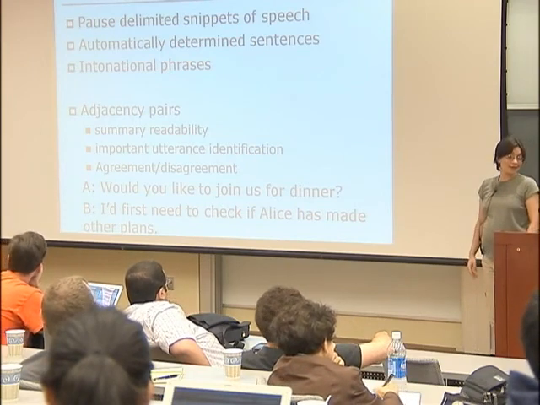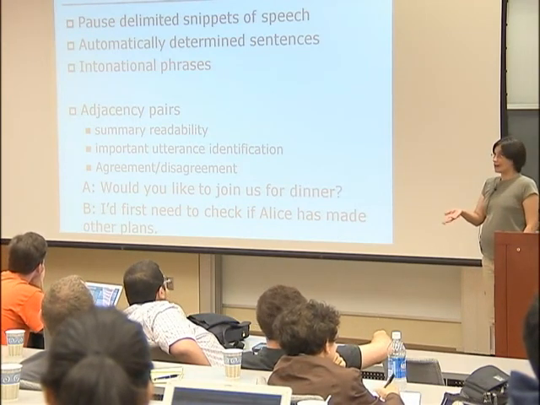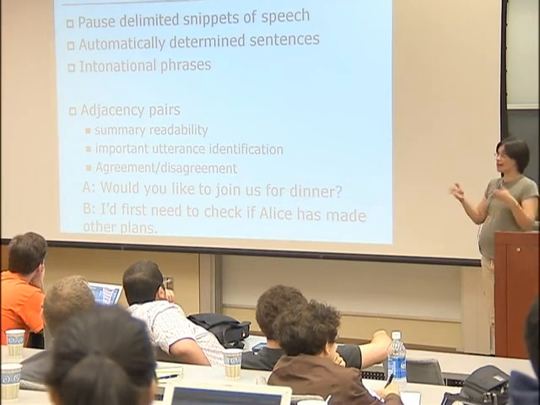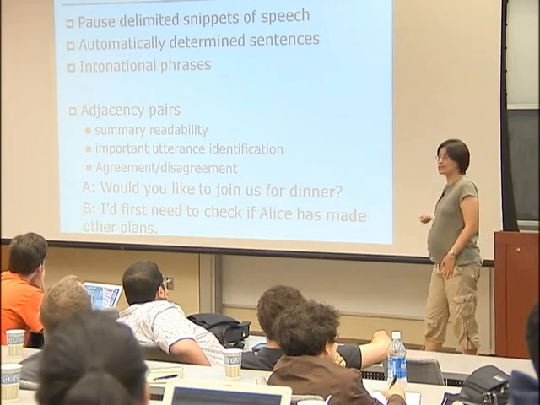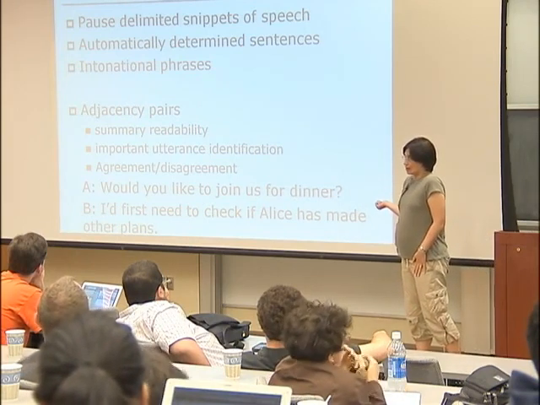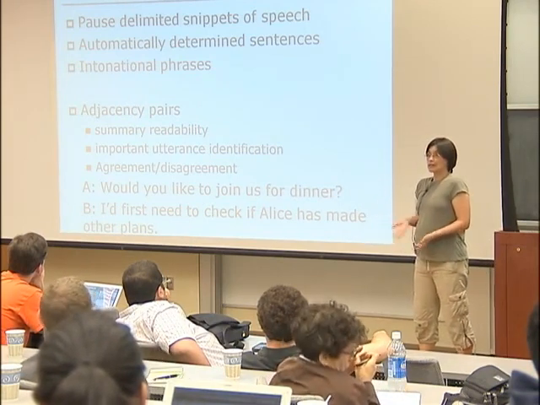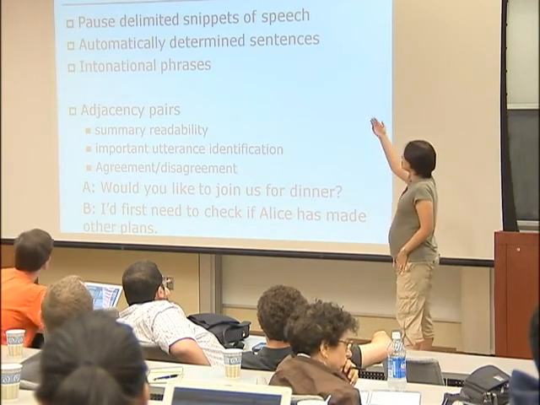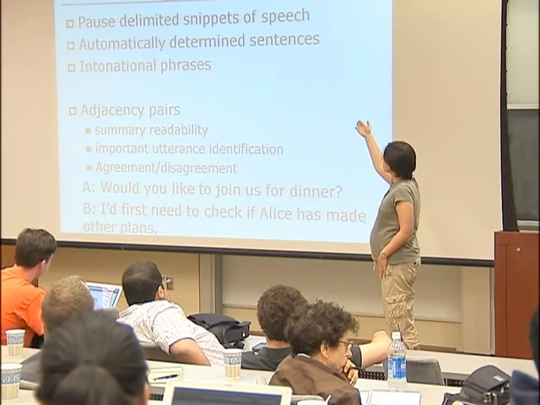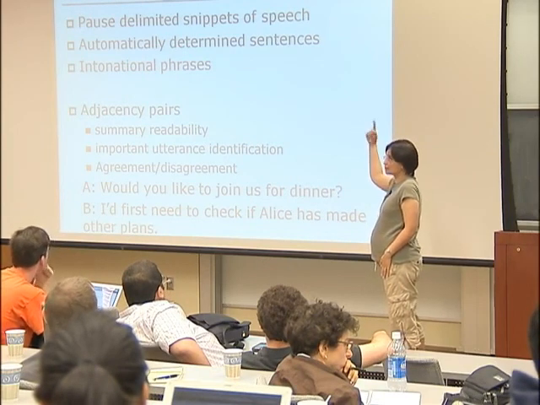And this is the last thing that I'll say. What is the best granularity is a question for summarization of speech that people wonder about. There's nothing like a sentence there. There's no obvious unit. So you can use pause-delimited snippets. You can use sentences that are determined automatically.